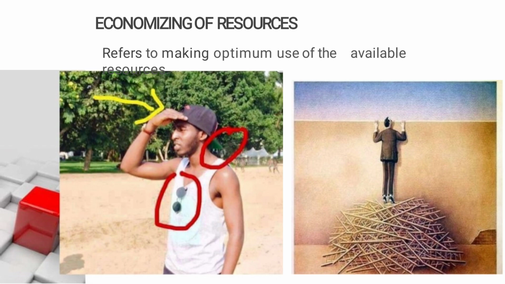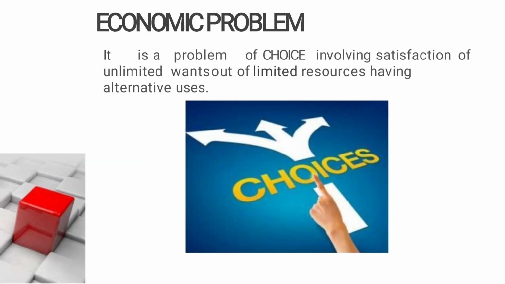With whatever resources we have, we have to make our optimum living. With whatever resource we are getting, we have to utilize it to the optimum. Optimum is nothing but to the greatest level to get satisfaction out of it.